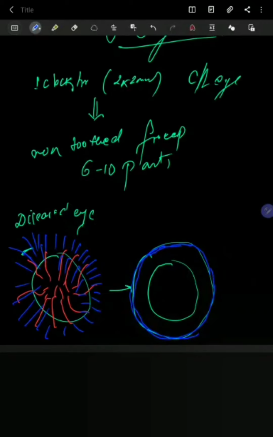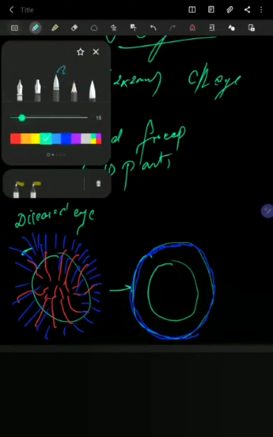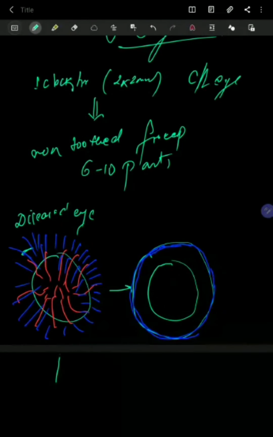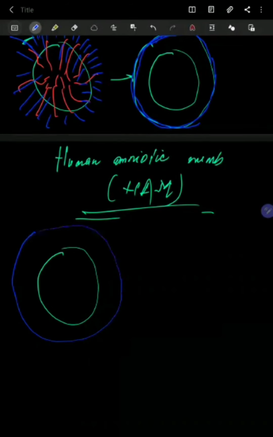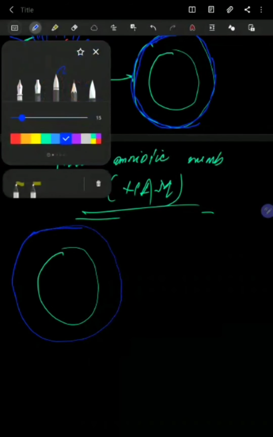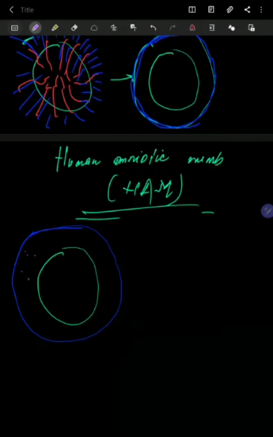Now what is to be done? Over this, we place human amniotic membrane. So now this is our cornea, this is the cut part of the conjunctiva, and this is the sclera.